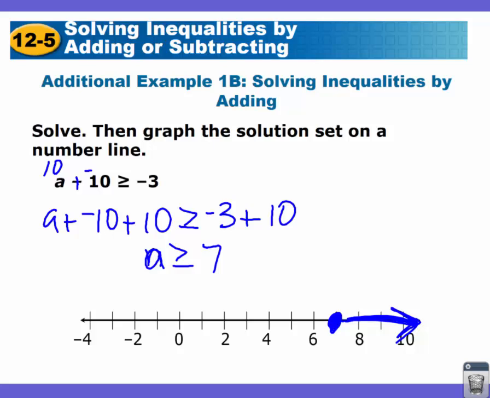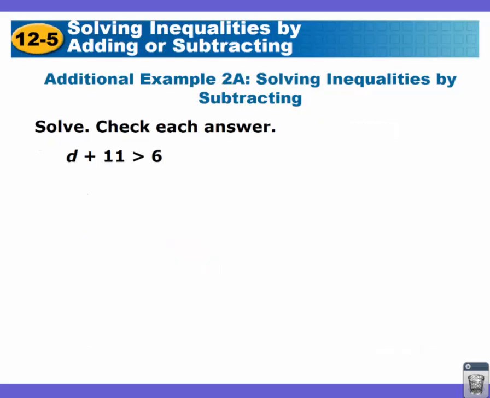Okay, let's try a couple more real quick, and then we'll be done. Okay, so what about addition? We've worked on subtraction, and we know that in subtraction, I change subtraction to addition next to its opposite. Addition is what we like, okay? So we want to keep that. We don't want to mess with that. So we still need to get rid of this plus 11, and we do that by adding its opposite.